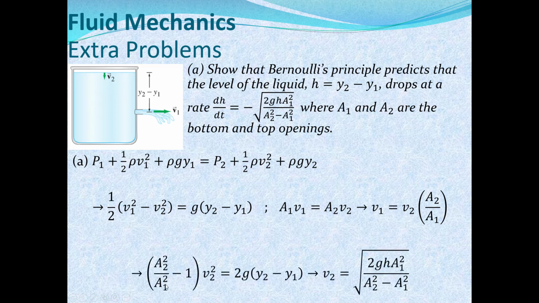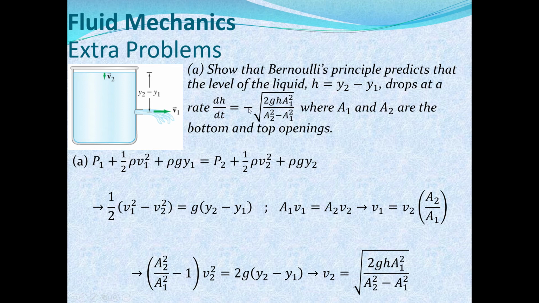Plugging that in and pulling out the V2, I can then move this over to here. We'll have to do some simplifying, rewriting A2 over A1 squared minus 1 as A2 minus A1 over A1. Move it over to here, put it underneath, and then square root both sides, and we get this. So as we can see, it's already very similar to what they wanted.